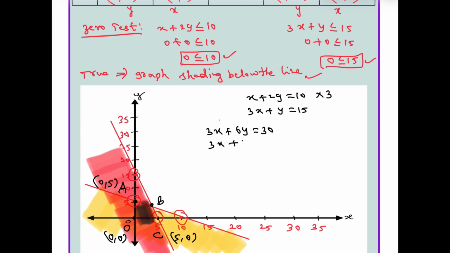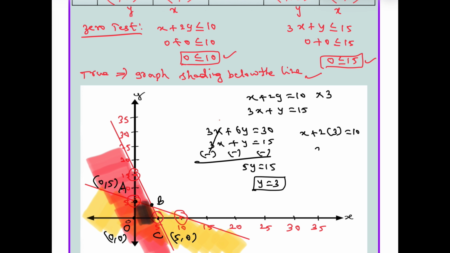Then second equation, 3x plus y equals 15. Subtracting both the equations, 3x cancels, 5y equals 15, y value is 3. Next, substitute y equals 3 in equation number 1, that is x plus 2 into 3 equals 10, that is x plus 6 equals 10, x is 4. That means B point is 4, 3.